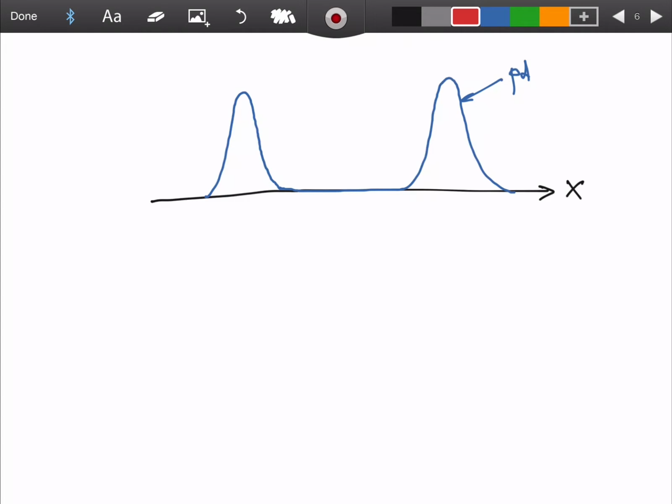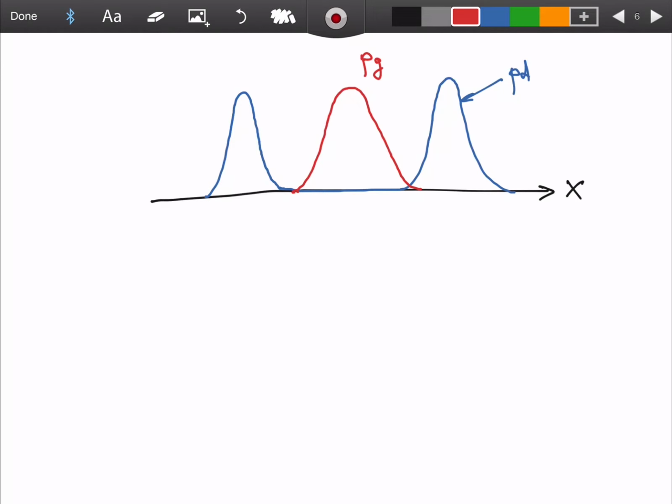And this is going to be my generated density. Okay? Of course, you can say that it's trivial to discriminate between the generated samples and the true samples. They have completely different distributions.